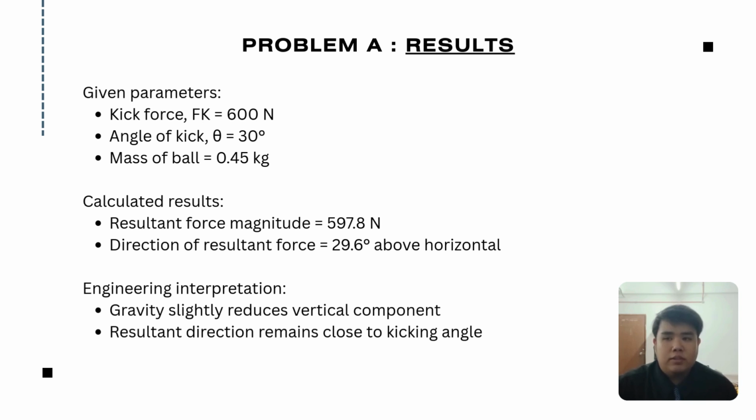The direction of this force was calculated to be 29.6 degrees above the horizontal. From an engineering perspective, this gives us an interesting insight. You will notice the angle dropped slightly from the original 30 degrees down to 29.6 degrees. This confirms that while gravity does reduce the vertical component of force slightly, the overall resultant direction remains very close to the original angle of the kick.